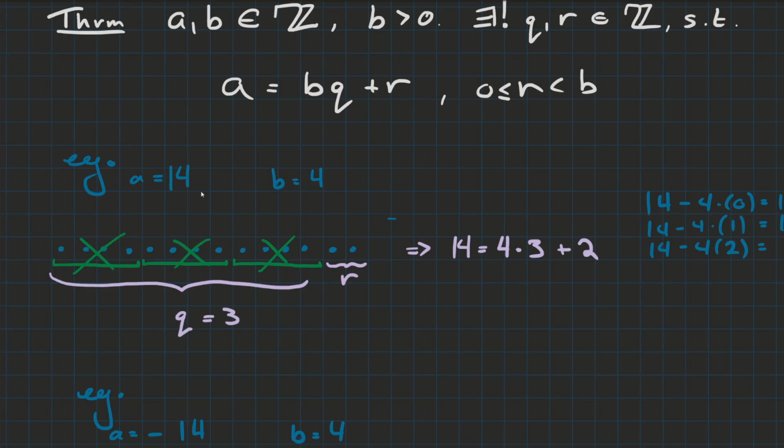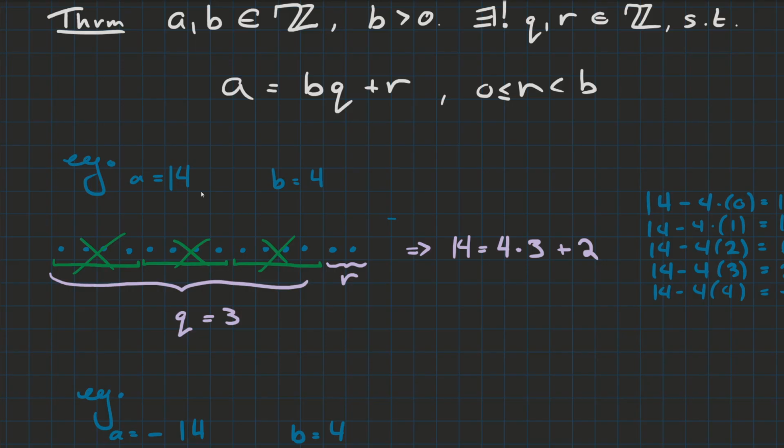So another one, 14 minus 4 times 2, 14 minus 8 is 6. 14 minus 4 times 3, 14 minus 12 is 2. Then 14 minus 4 times 4 is 14 minus 16, which is negative 2, but that is less than 0.